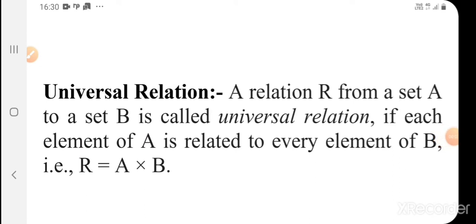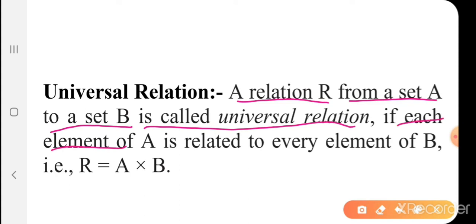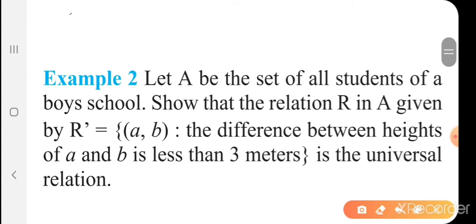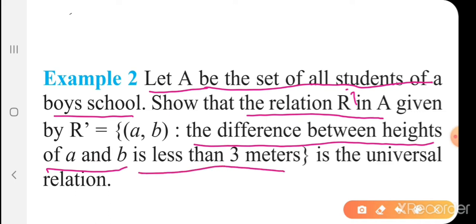Next we discuss universal relation. A relation R from a set A to a set B is called universal relation or total relation if each and every element of A is related to every element of B, or R equal to A cross B. So this is called the universal relation if R equal to A cross B. Next you see one of the examples: let A be the set of all students of a boys' school, so that the relation R in A given by R equal to the ordered pair (a, b) such that the difference between the height of a and b is less than 3 meters is a universal relation.